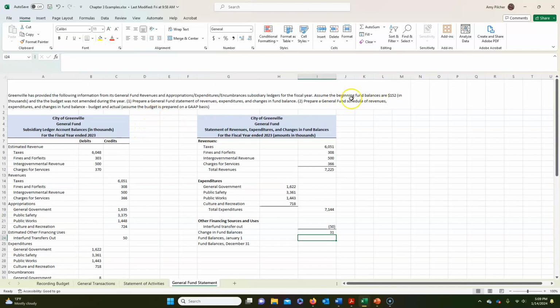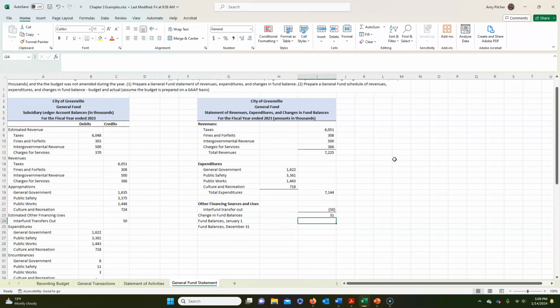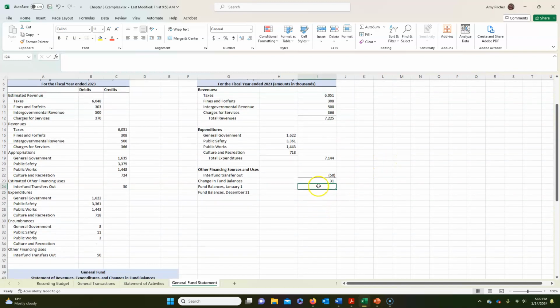So it says that assume the beginning fund balance was $152,000 and that the budget was not amended during the year. So our beginning fund balance was $152,000, which therefore our ending fund balance is $31,000 plus $152,000, or $183,000.